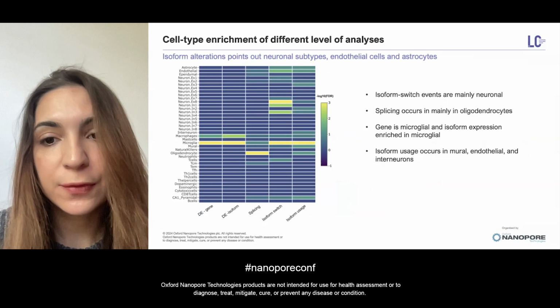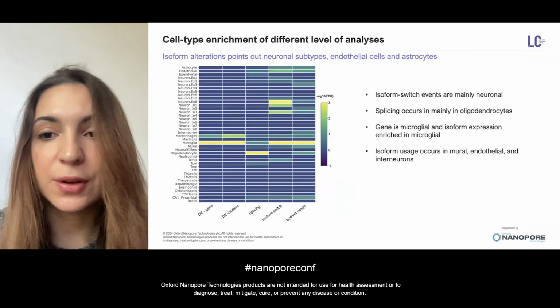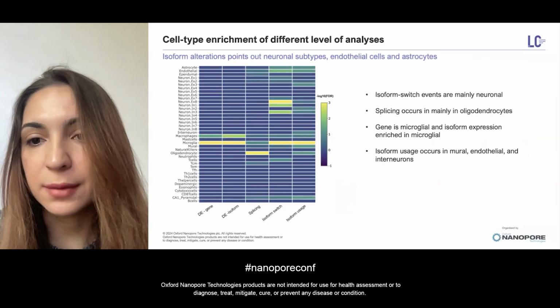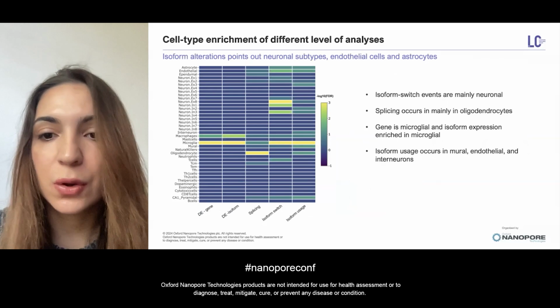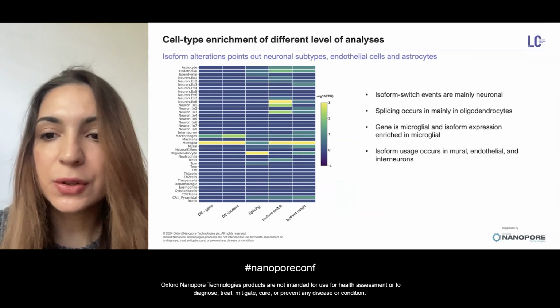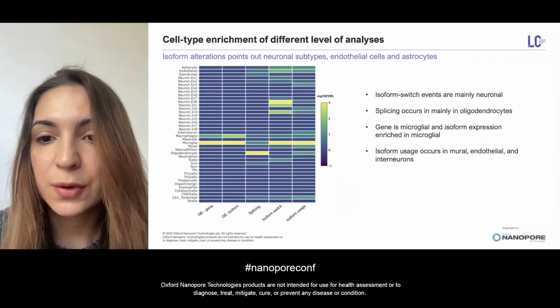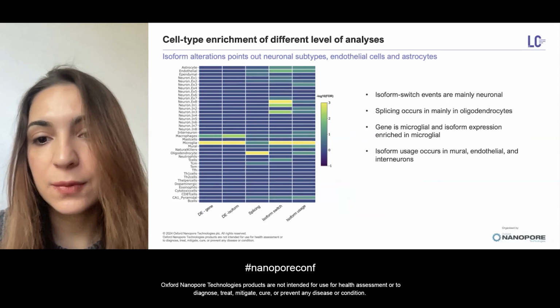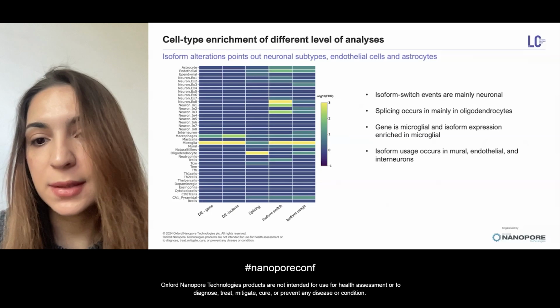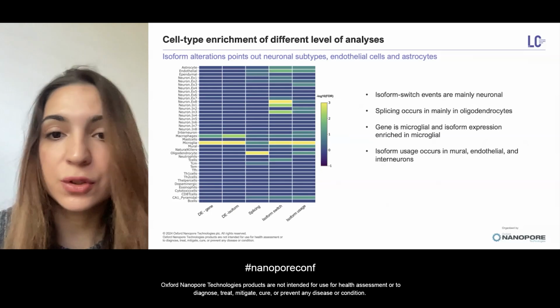Transcript isoform modifications exhibit enrichment across various cell types in the brain. These include border-associated cells, oligodendrocytes, microglial cells, and neurons. A particularly interesting aspect is the enrichment of the genes with isoform level changes associated with the diverse synaptic pathways, which is unseen on the gene level.